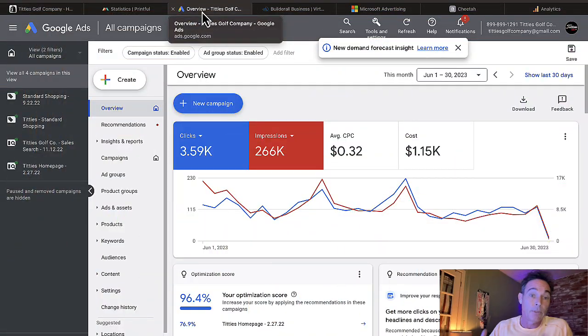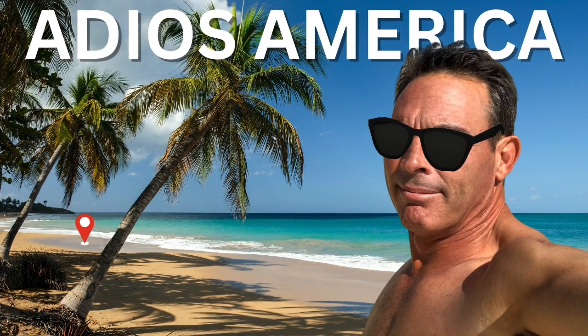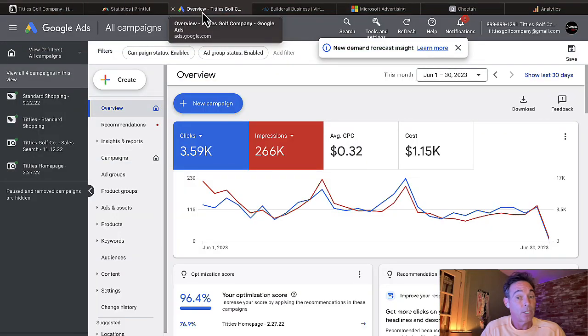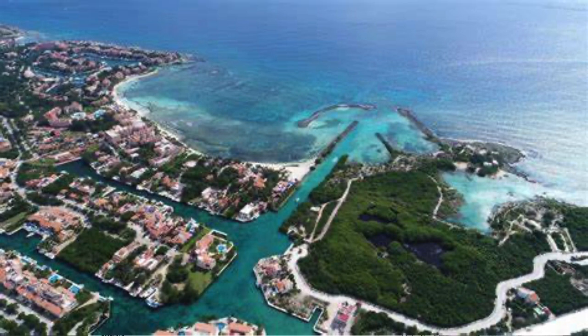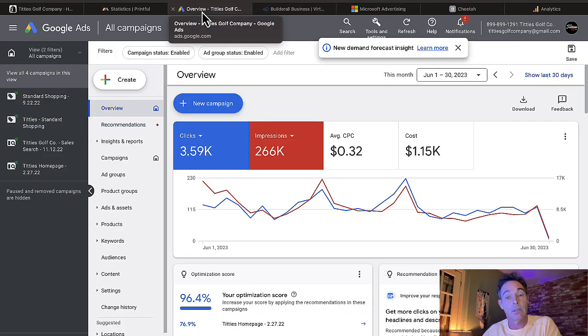And again, if you are new here, I am getting the heck out of America. I leave on August 8th, and I'm moving to Puerto Aventuras, Mexico, which is between Cancun or Playa del Carmen and Tulum. It's about an hour and a half from the Cancun airport.